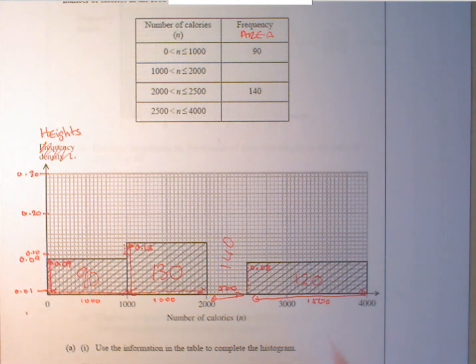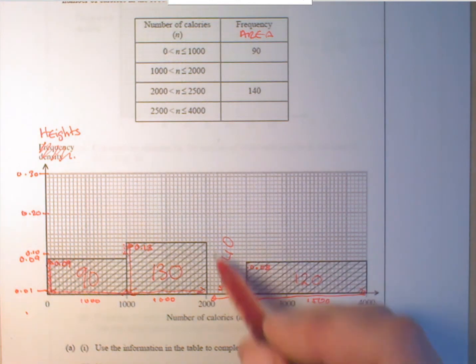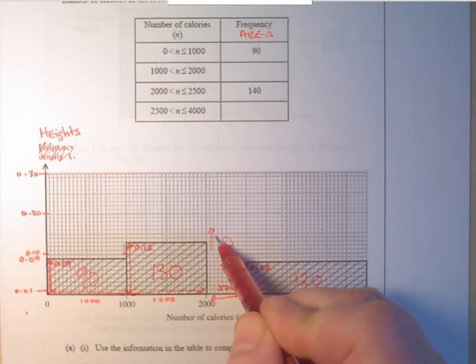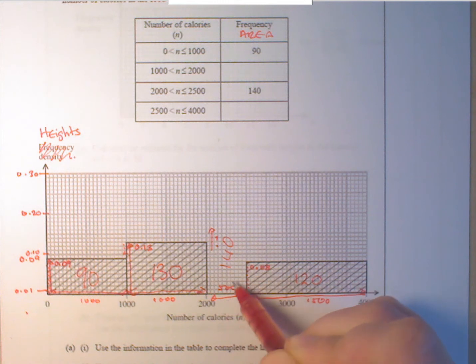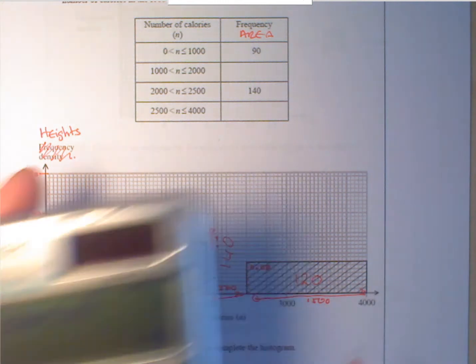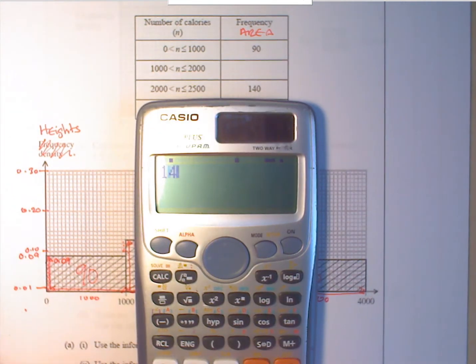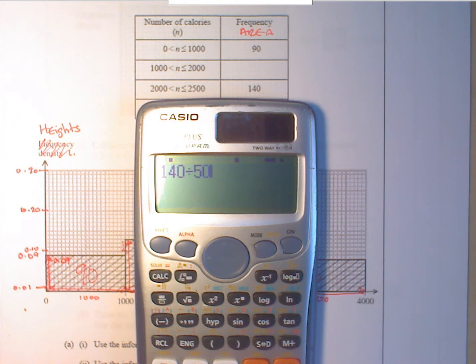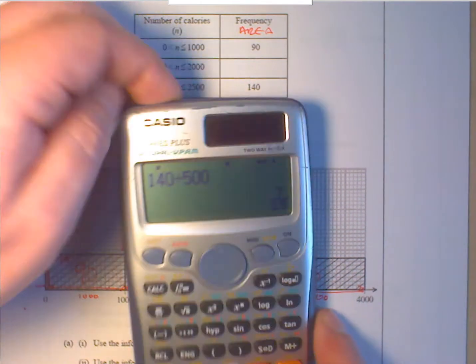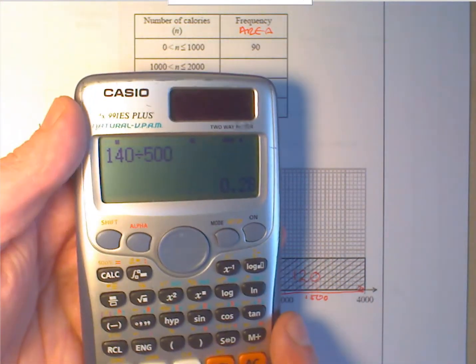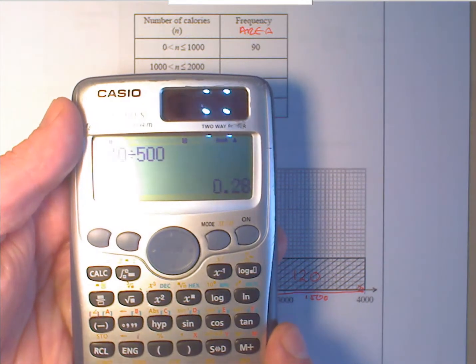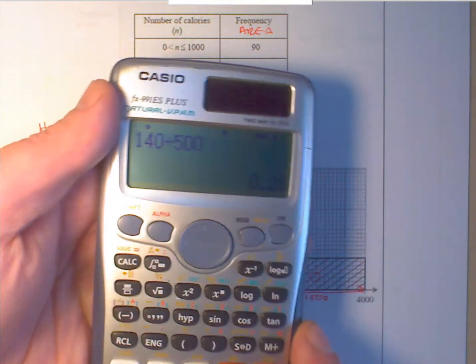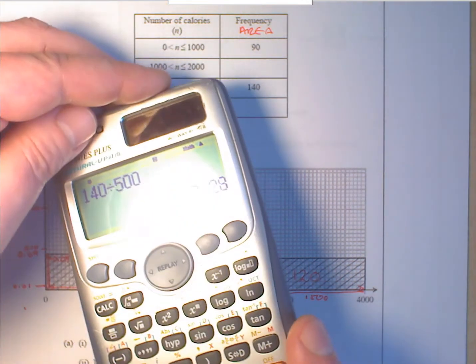Okay, now I've got to work out this height. So I need a height that multiplies with 500 to give me 140. So I'm going to do 140 divided by 500. Remember, 500 was the width. And that gives me 0.28. This calculator's not easy to see, is it?